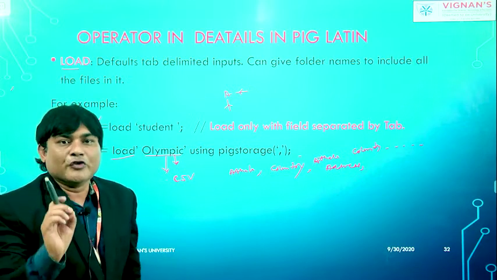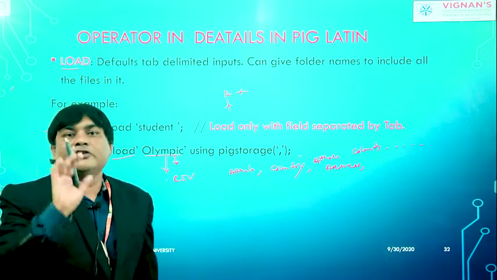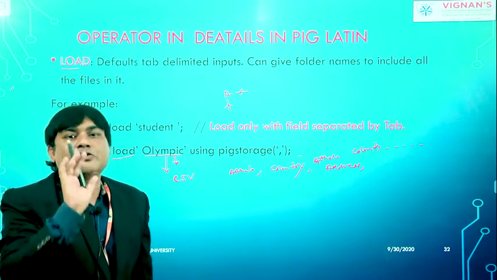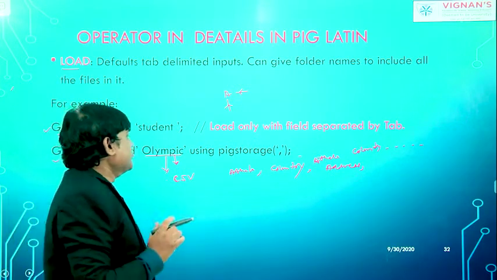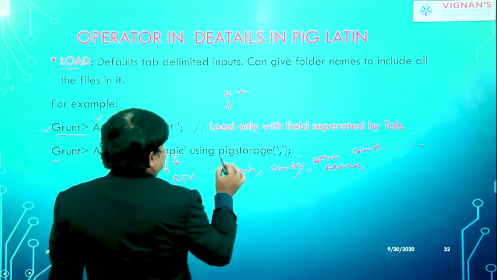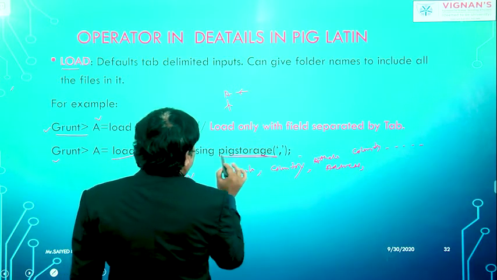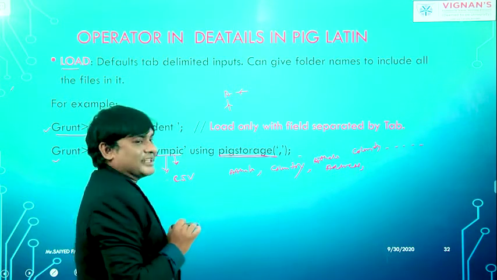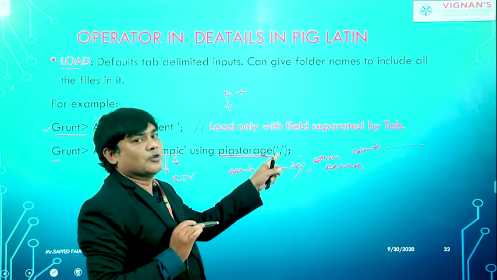We need to inform Pig clearly that we are not using the default option, we are using a comma. For that, we use this important syntax, which is called PigStorage, and you write the comma.